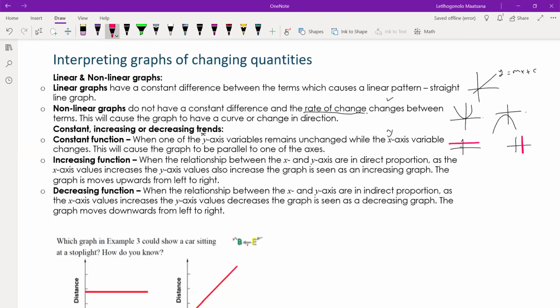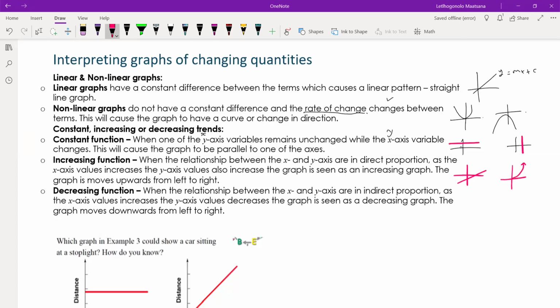We can have an increasing function when the relationship between the x and the y are in direct proportion. As the x value increases, the y value also increases. So with our straight line, we will have something like this, and with our curves, we would have something like this.